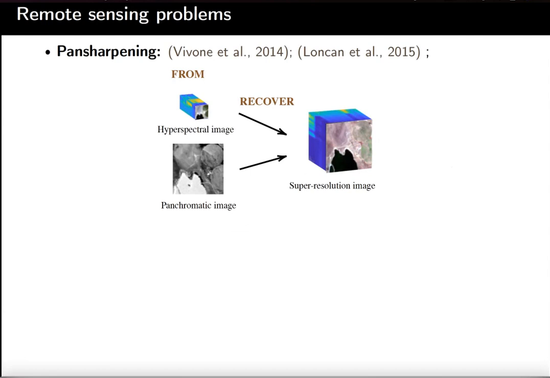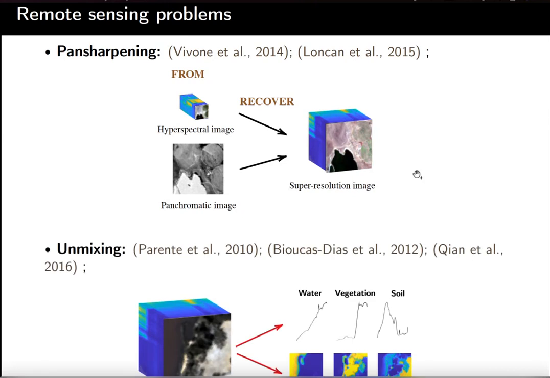It's related to other problems in remote sensing, among which there is the pan-sharpening problem, which consists in merging a hyperspectral and a grayscale image, or the unmixing problem, which consists in extracting high-resolution spectral signatures and abundance maps from a super-resolution image.